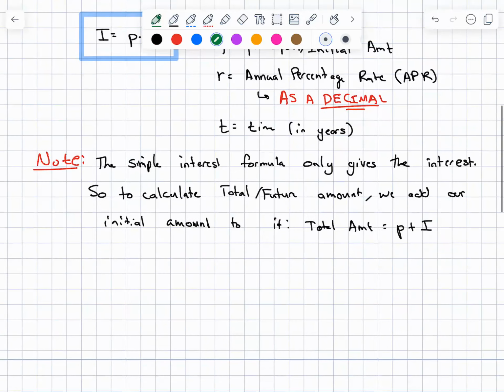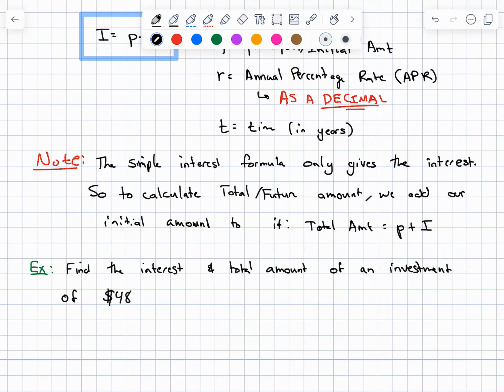So as an example, find the interest and total amount of an investment of $4,800 over 13 years at an APR of 4.62% in simple interest.